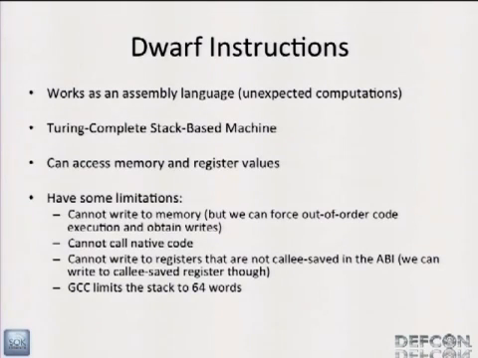Now, there are some limitations to the techniques that I'm going to show you. We can't write directly to memory, at least not within the confines of properly formed dwarf. I've been looking through the GCC code base a little bit, and they don't validate everything. So there are some semi-arbitrary memory writes that you can do if you give it some malformed dwarf data. And none of the demos that I am going to show use that, but it is something to look at if you're doing this yourself.